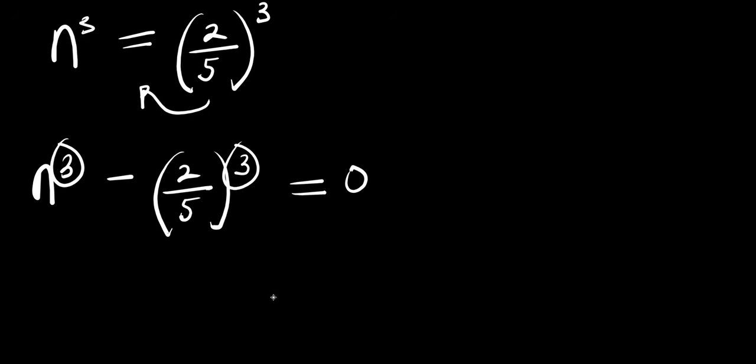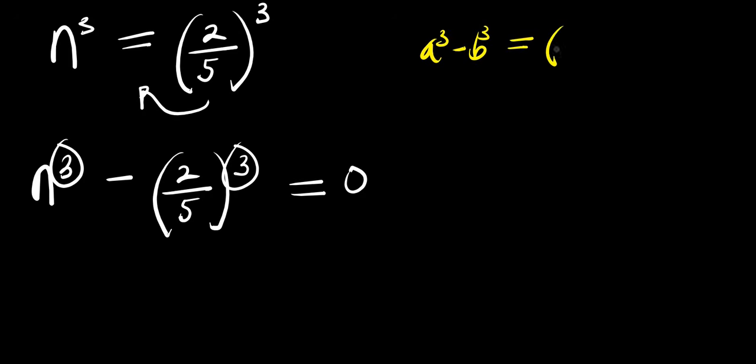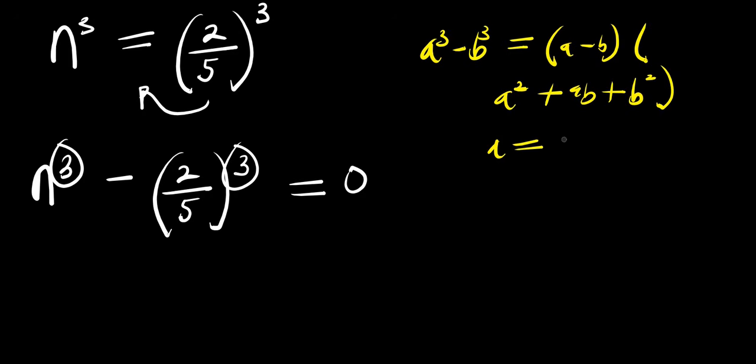Now, let's consider this identity in order to expand. If you have a to the power 3 minus b to the power 3, this equals a minus b times a squared plus ab plus b to the power 2. And our a equals n, and b equals 2 over 5.